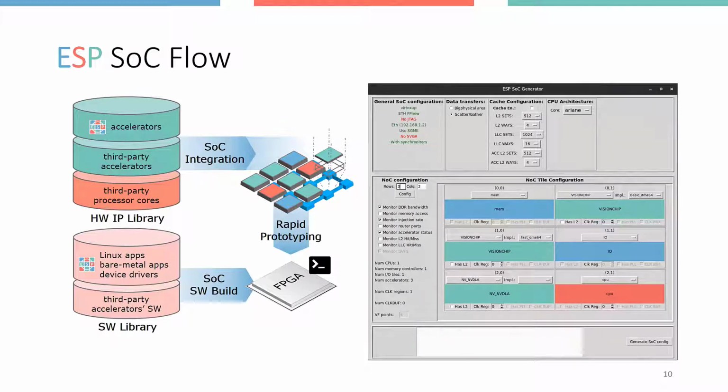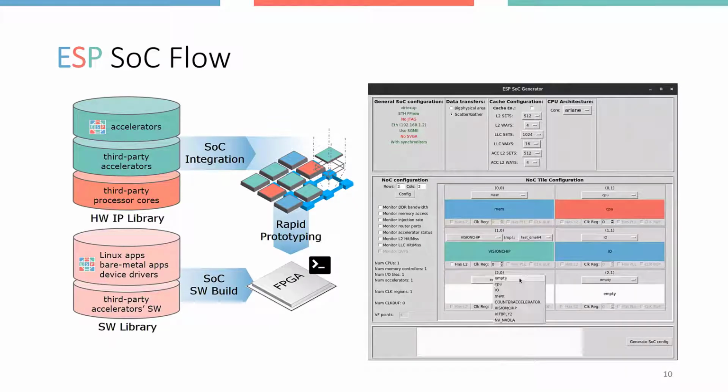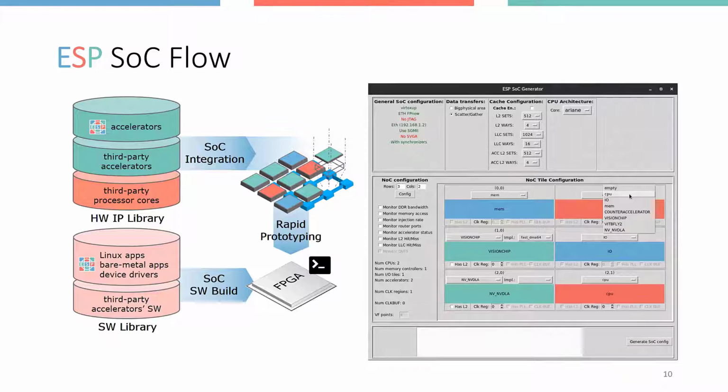You can configure the network on chip, which is often very critical for the performance of your system. And also there is quite a bit of capability to evaluate the system, to monitor the execution of a complete application in a system like this, and therefore potentially refine the design of a component or the configuration of the network on chip or other aspects of the system.